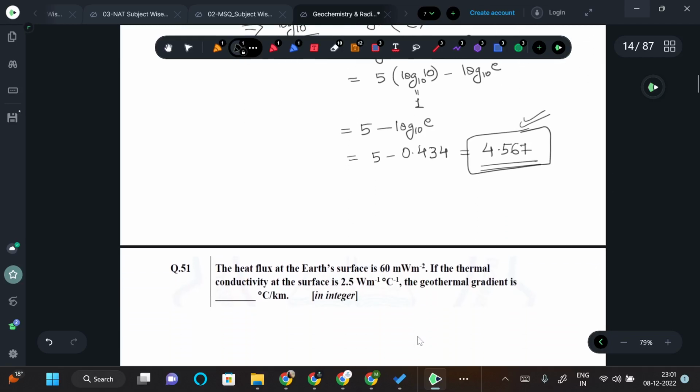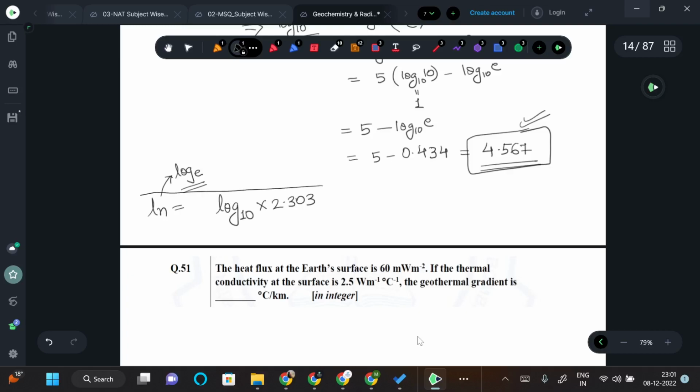Now here, remember one more property of log. ln is different and log base 10 is different. ln is nothing but log base e. And also ln is equal to log base 10 into 2.303.